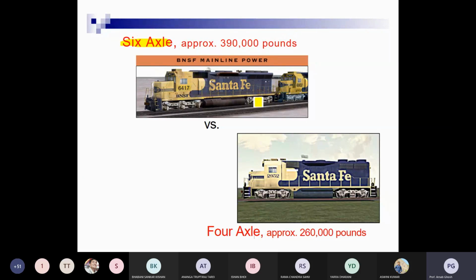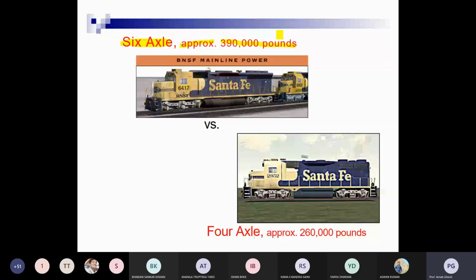That's why it is known as 6 axle. Approximately 390,000 pounds it can move. You know the relation between pounds and kilograms; you can do a Google search for the conversion and get it directly, so you can understand how many kilograms it is.